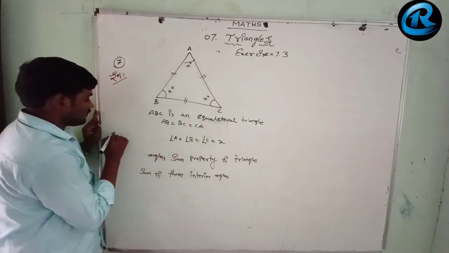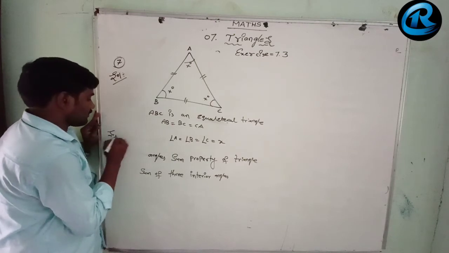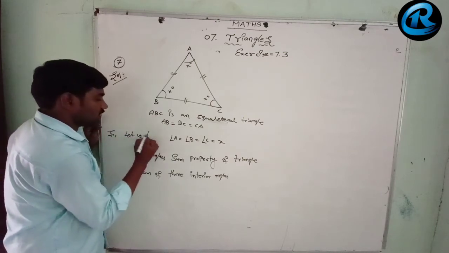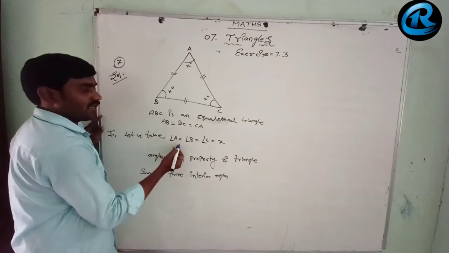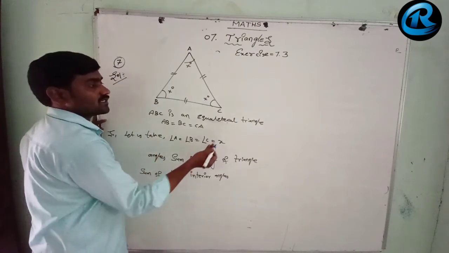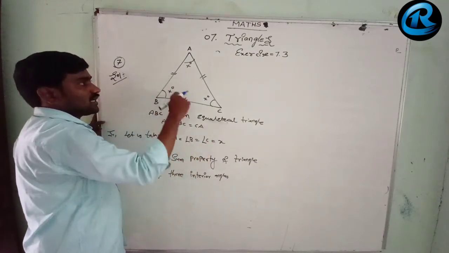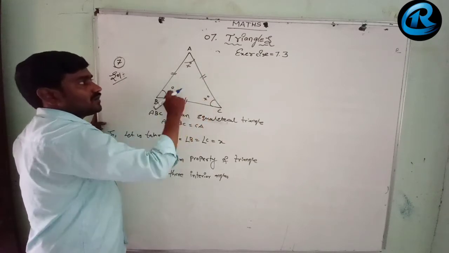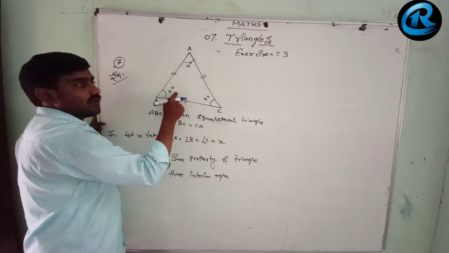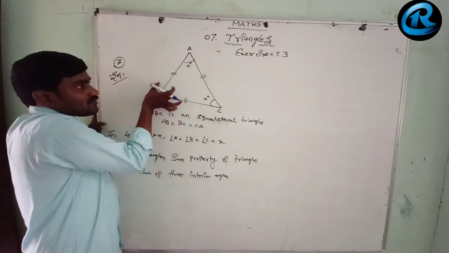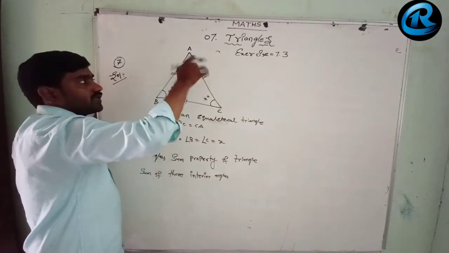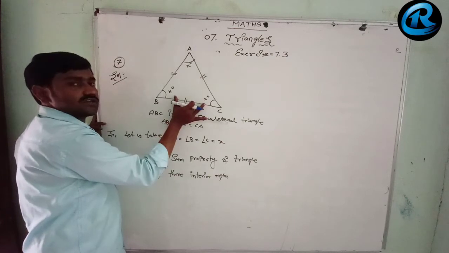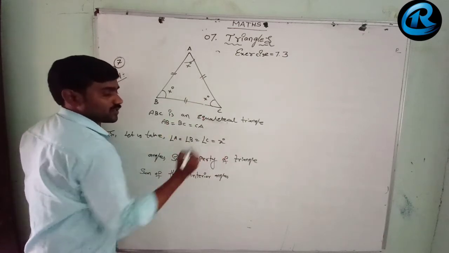So let us take angle A equal to angle B equal to angle C equal to x. Because if these two sides are equal, these two angles will be equal. If any two sides are equal, the two angles opposite them will be equal. So that is why we take all of them as x degrees.